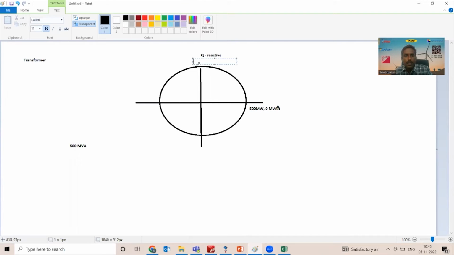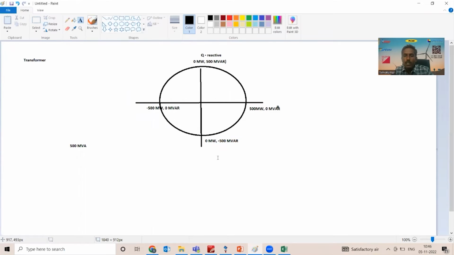This operating point is 0 megawatt, 500 MVAR. Here it is minus 500 megawatt, reverse direction. The transformer is a bidirectional device, so the power can flow in the reverse direction. 0 MVAR is pretty much possible, and 0 megawatt, minus 500 MVAR. So all these combinations are possible.